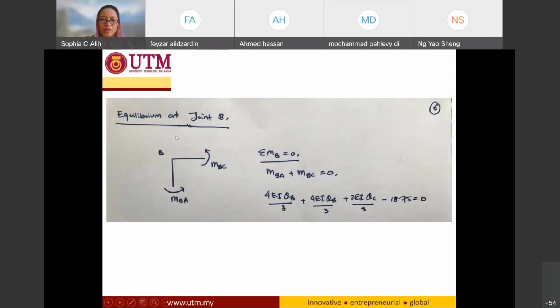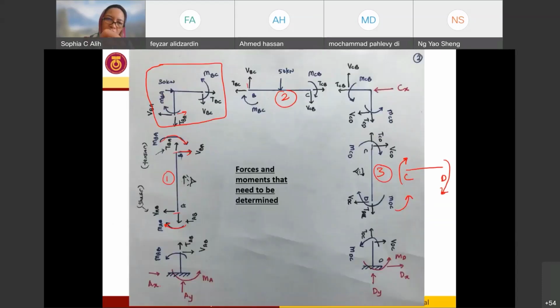So for equilibrium at joint B, this is what we have: MBC in the counterclockwise direction and MBA also in the counterclockwise direction. Hold on a second, let me see. Okay, this one is wrong. Since this is the clockwise direction, this one should be counterclockwise, because it's going to be opposite of the other side.